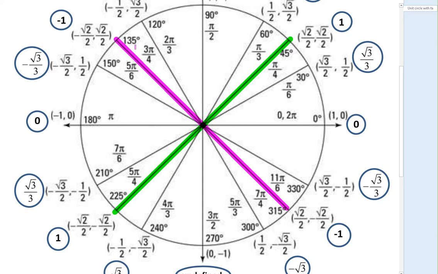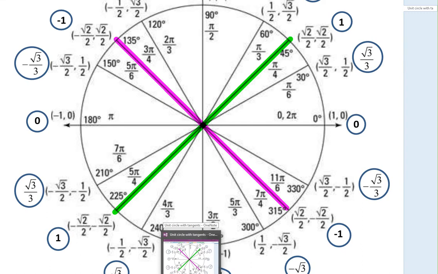So tangent and cotangent are going to be 1 or -1 at these multiples of pi over 4. So pi over 4, 3 pi over 4, 5 pi over 4, and 7 pi over 4. So it's helpful to just have that down, keep it memorized. Let's see what it matters for us when we start looking at the next problem.